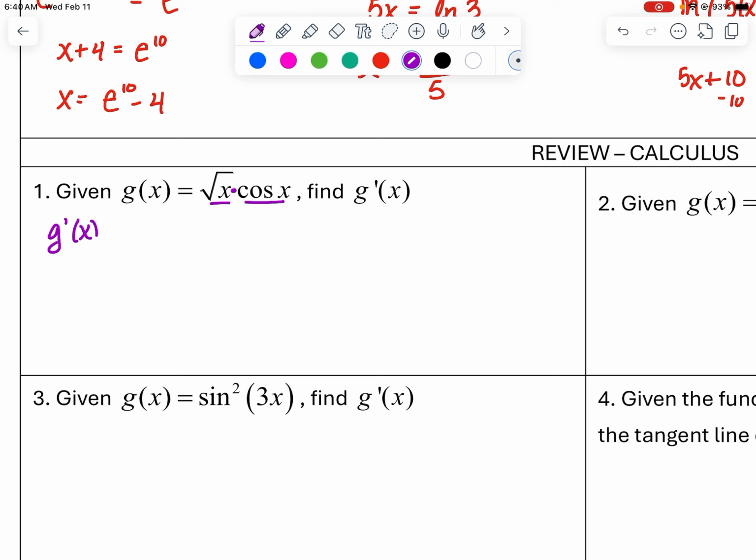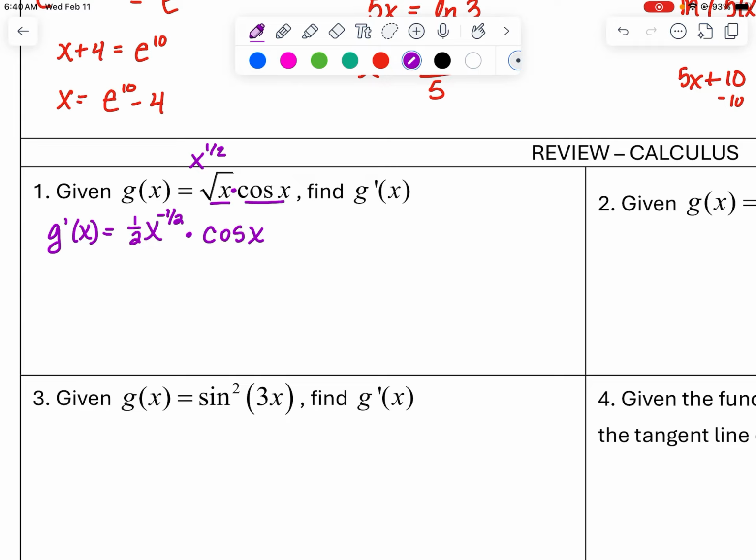So g prime of x is going to be the derivative of the first, keep the second, and then switch that. So we need to think about square root of x as x to the 1/2. If we take the derivative of the first, that's 1/2 x to the negative 1/2. Keep the second one, so times cosine x.